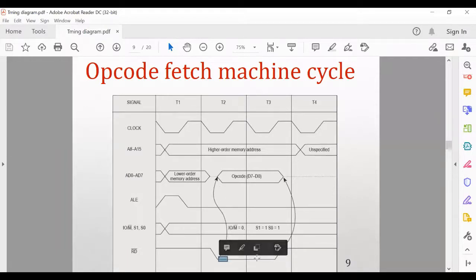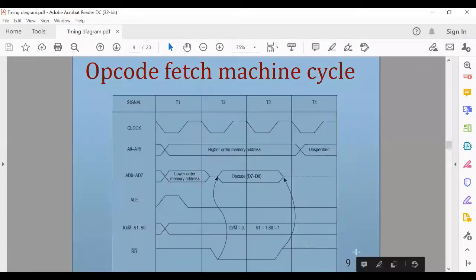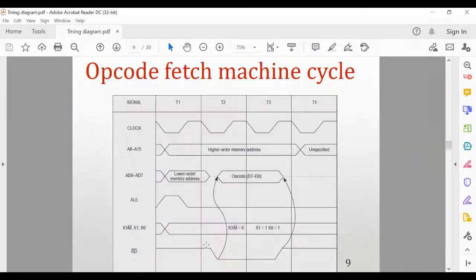Until it goes high again, the read operation will be performed. So when it goes low, the read operation starts, and it is shown in this way. So it reads the particular contents of the memory location, because the address is already identified.